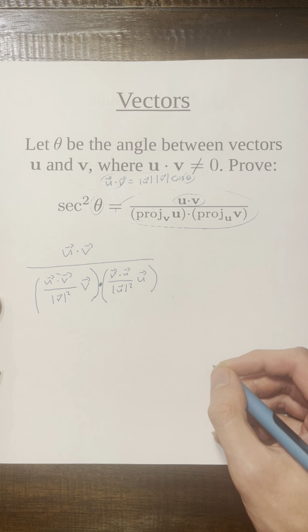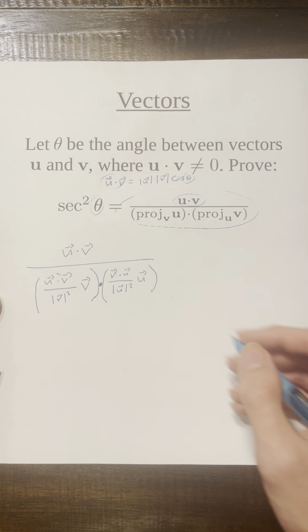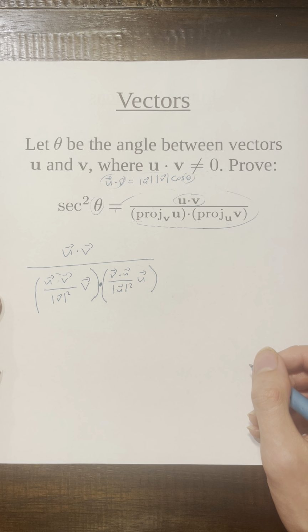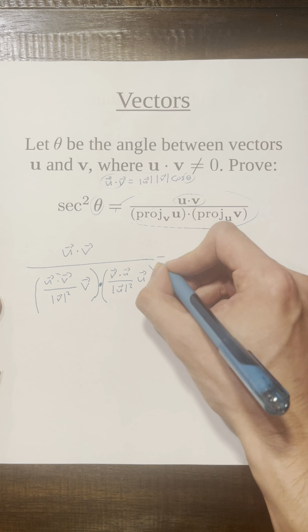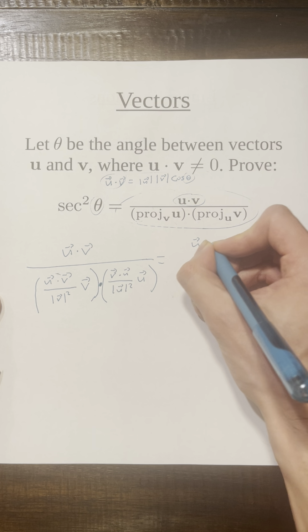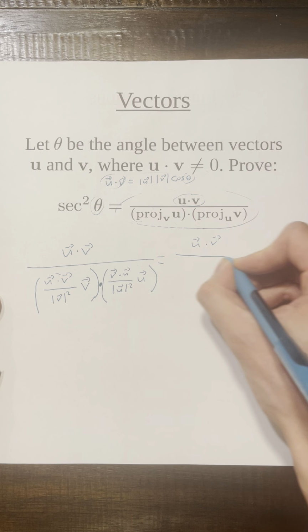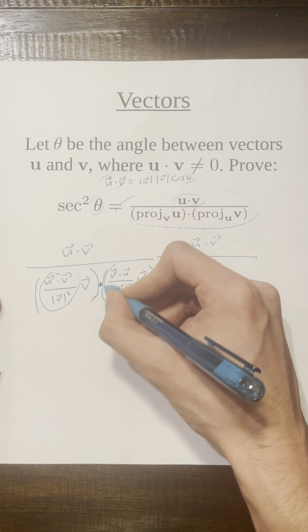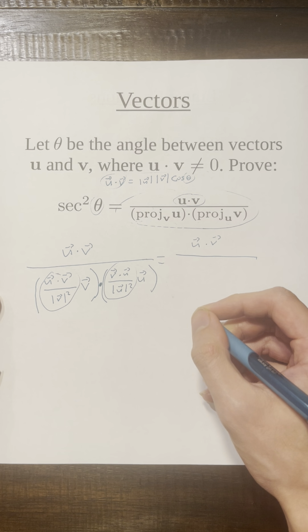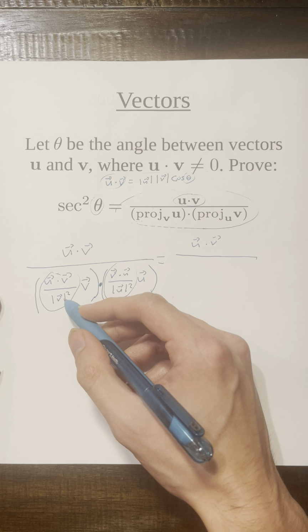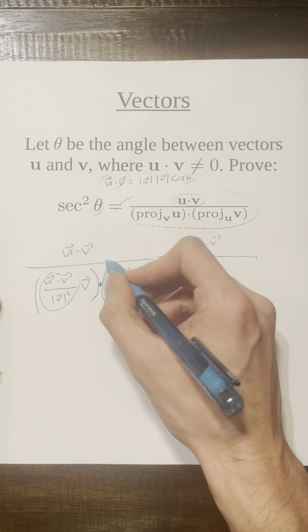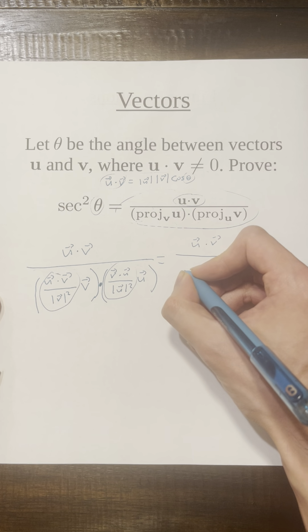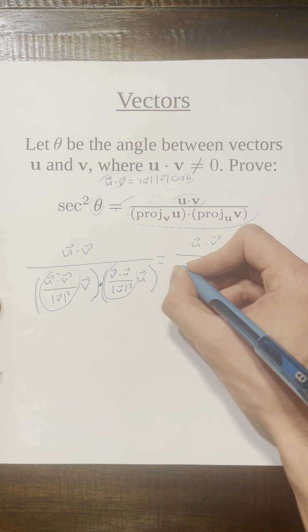Okay. How do we simplify this? So I'm going to change the order. Since this is a scalar, and since this is a scalar, we can just move them outside of the parentheses. Okay, so what is this going to turn into?